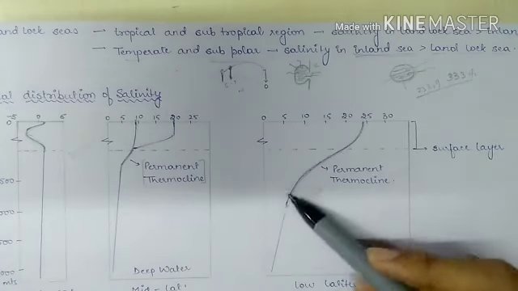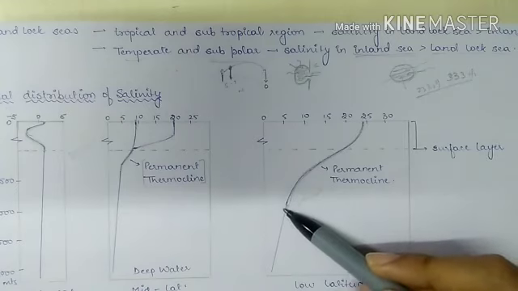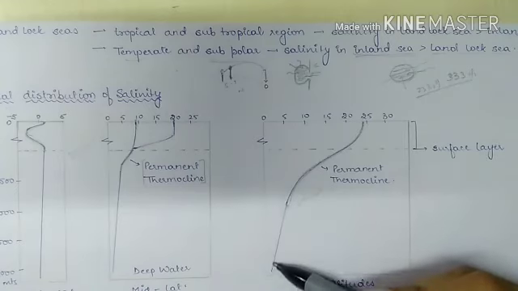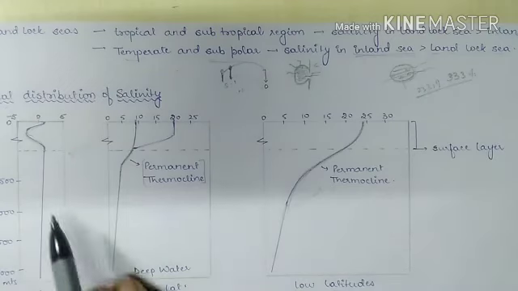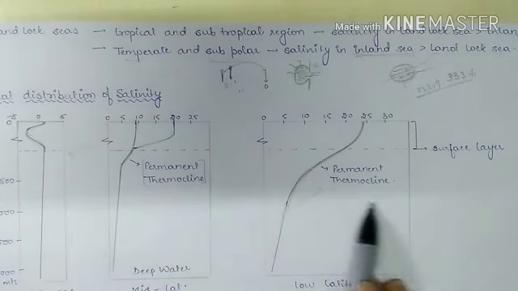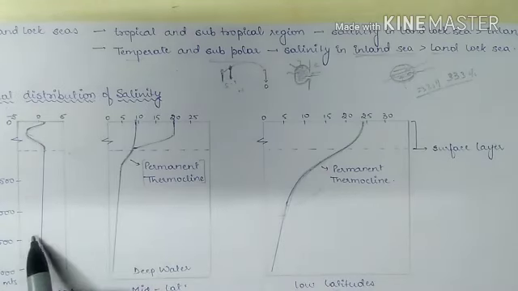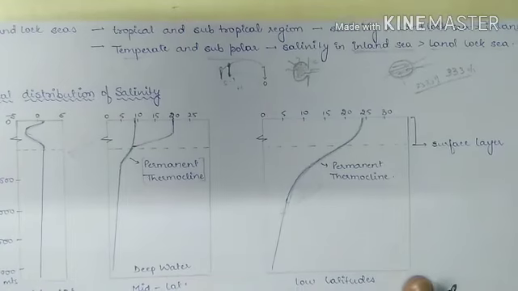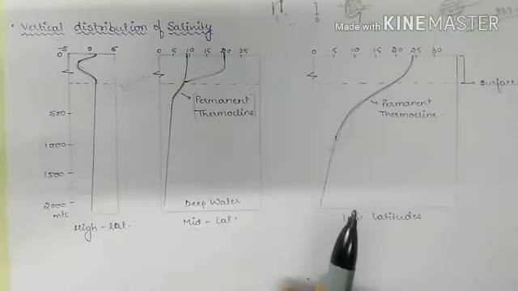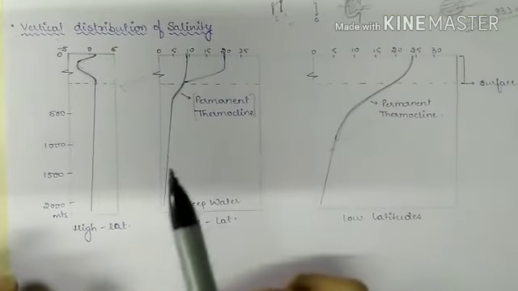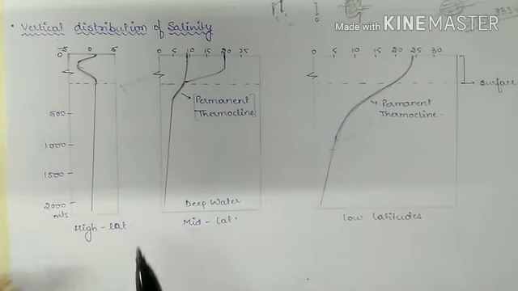After here, the decrease will be smooth. And here the salinity of all the oceans will be the same after a certain depth. So this was the vertical distribution of salinity of ocean water.